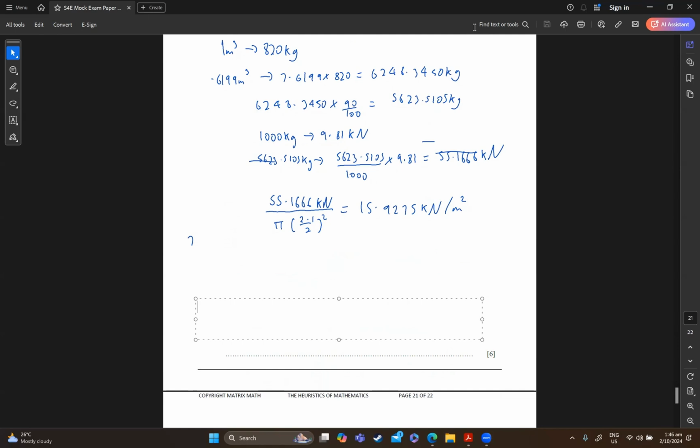Okay. So how you justify it is you can write down an underestimation of the actual volume. So our whole calculation here is based on an underestimation. So you're going to write down that an underestimation of the actual volume already registers 15.9275 kilonewtons per meter square, which exceeds the threshold of 15 kilonewtons per meter square. Hence, the tank requires a specific foundation. So I'm going to type what I just said.